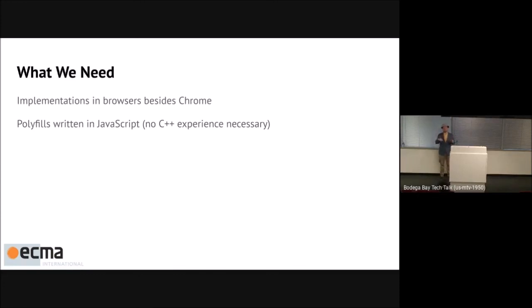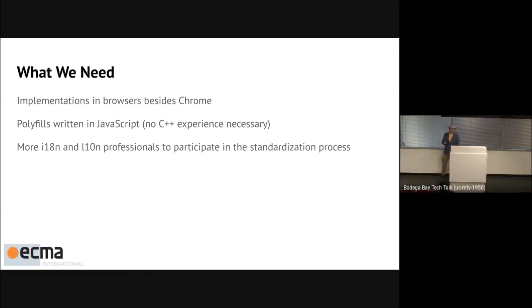But if the browser doesn't support the feature, then I go ahead and download basically a library that implements it for me. We should have more polyfills, and if you're a JavaScript programmer, this would be a great opportunity to get started contributing polyfills. Polyfills are really useful.